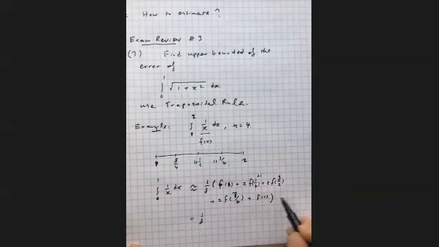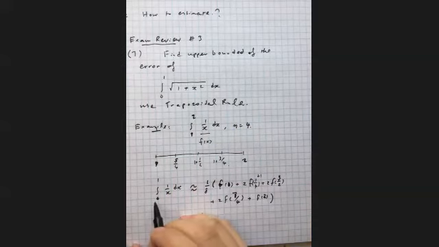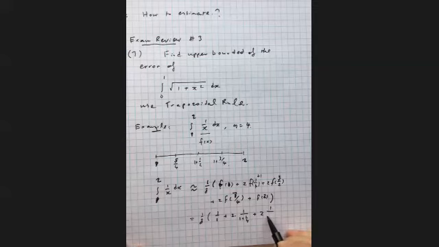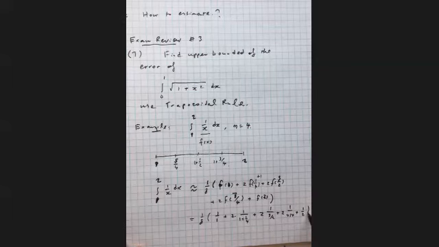That's the correct setup instead of 0 to 1, which is an improper integral. So the function should be evaluated as 1 over 1, plus 2 times 1 over 5 over 4, plus 2 times 1 over 3 over 2, plus 2 times 1 over 7 over 4, plus 1 over 2. And that's how you find an approximation of this integral using the trapezoid rule.